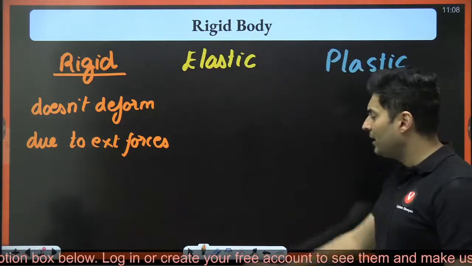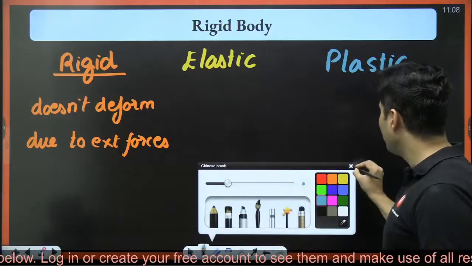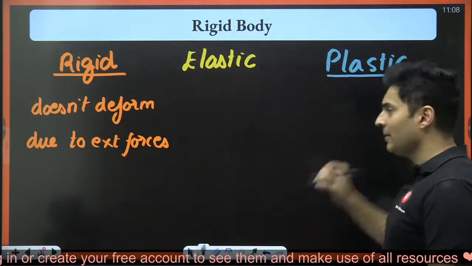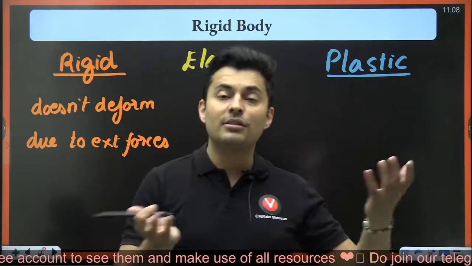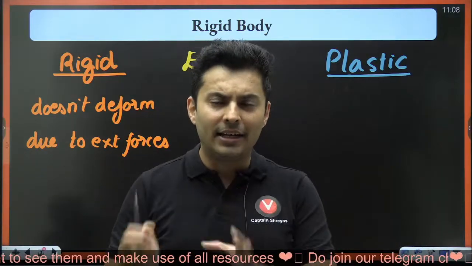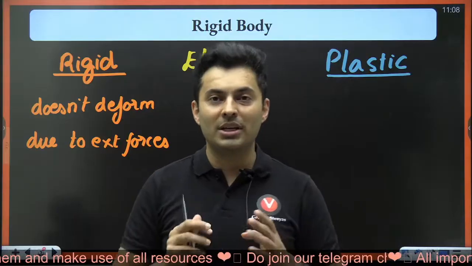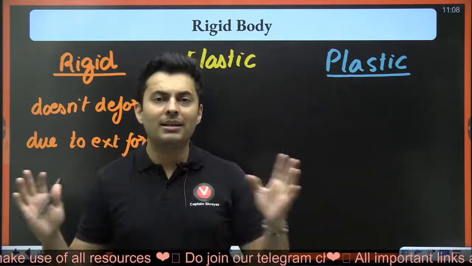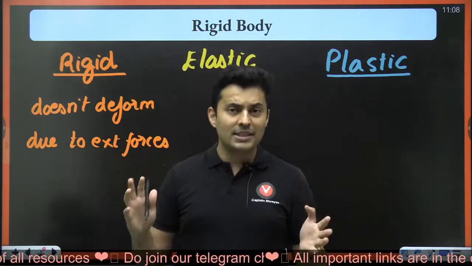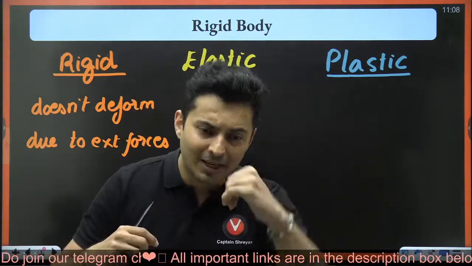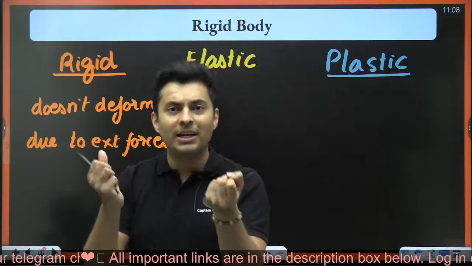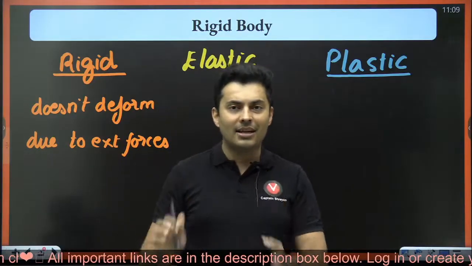The other end of this is a plastic body, meaning you apply a force, it deforms and it doesn't even make an attempt to come back to its original shape. It permanently deforms itself. Not just that, it is so flexible that once you bend it, once you deform it, it stays there as it is.